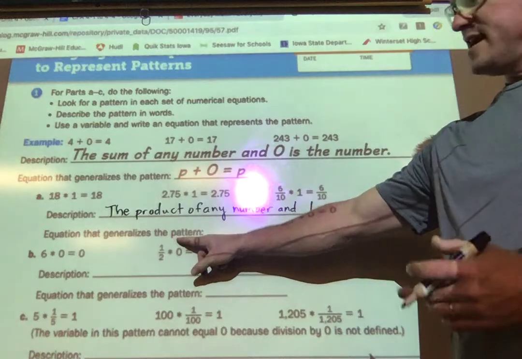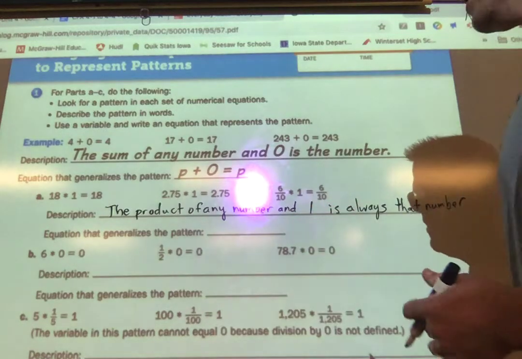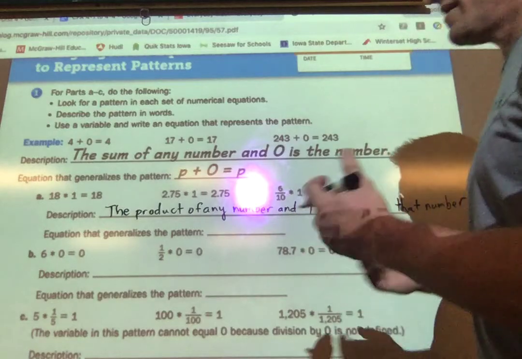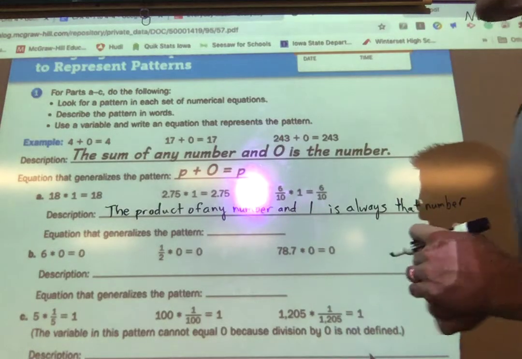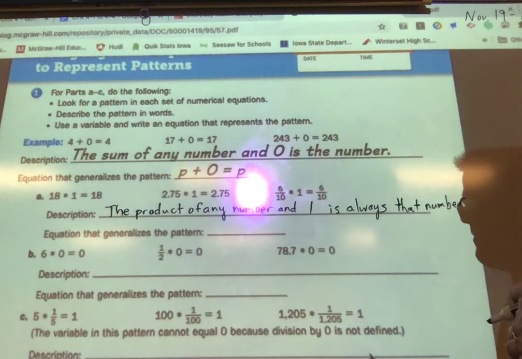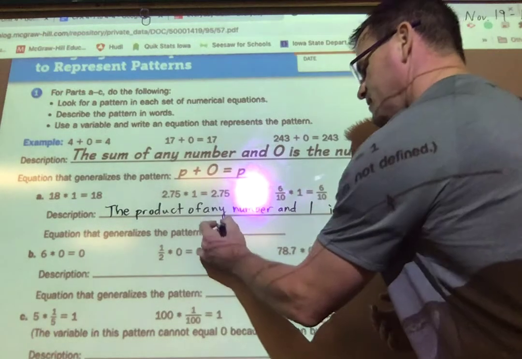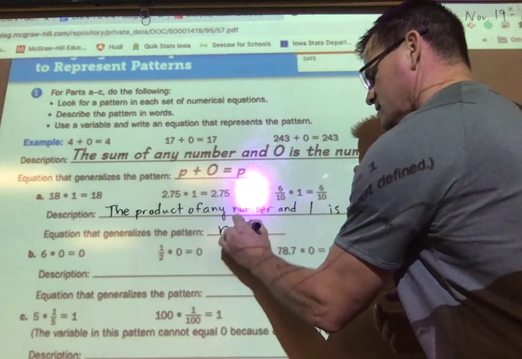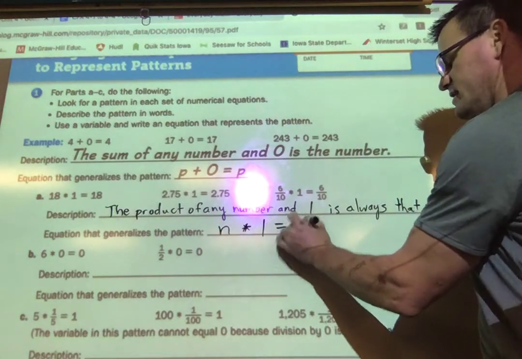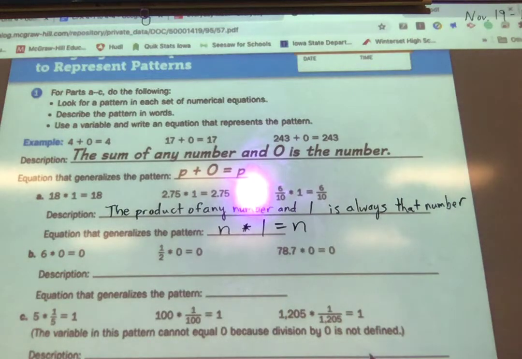The new part is now we need an equation that generalizes that, so it would work for any number. Okay, this time I don't want to use x because it looks like a multiplying sign. That's why they use the little asterisk here. But let's just use n for number. So we know n multiplied by 1 will always stay that number. So it will equal n. N times 1 equals n would be my algebraic equation that follows this pattern.